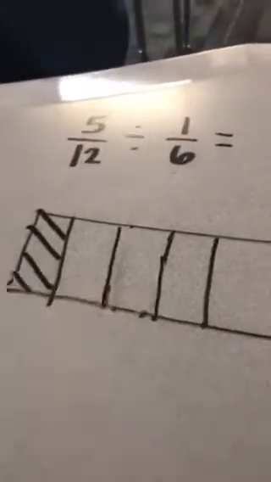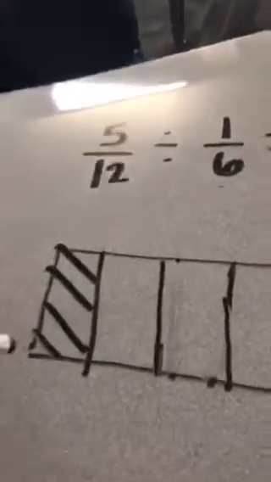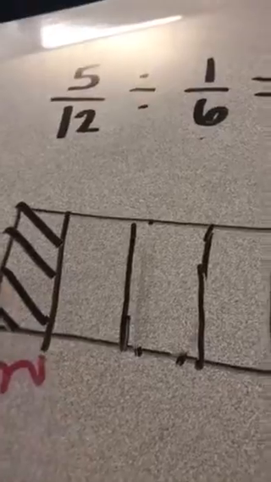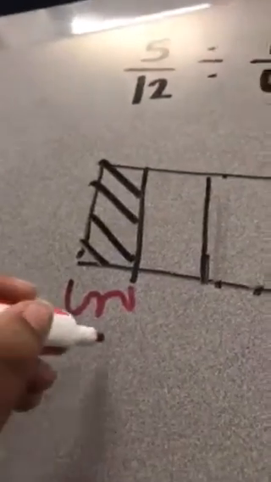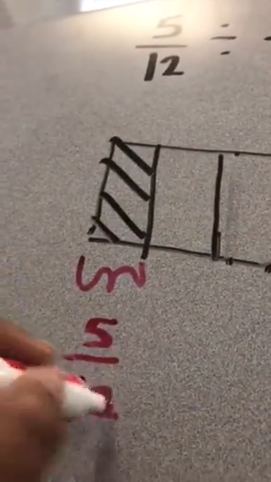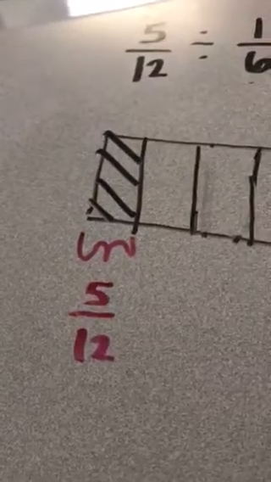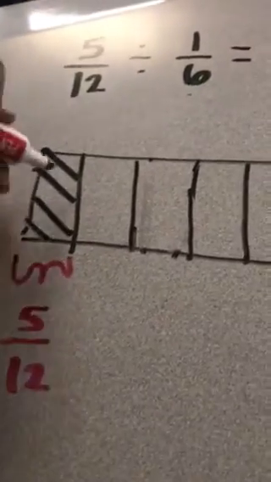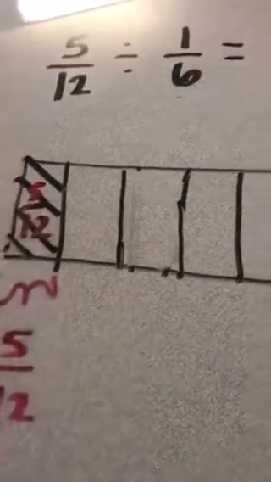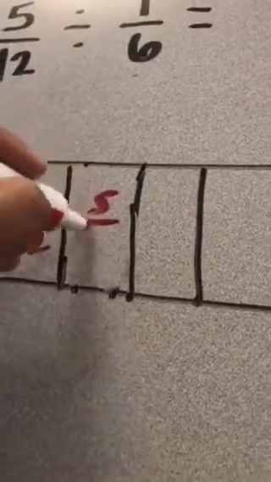Next, what we do is we set our shaded piece, in this case, it's only one piece, equal to our dividend. In this case, it's 5/12. And we know if this piece is worth 5/12, since all these 6 are the exact same size, each of these pieces are worth 5/12.